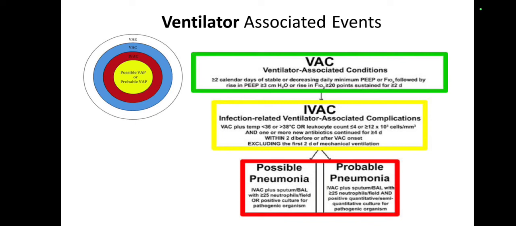Possible pneumonia includes infection-related ventilator-associated complications plus sputum or bronchoalveolar lavage with greater than 25 neutrophils, or a positive culture for a pathogenic organism. Probable pneumonia is the same infection-related ventilator-associated complications plus sputum or bronchoalveolar lavage with greater than 25 neutrophils and a positive quantitative or semi-quantitative culture for pathogenic organisms.